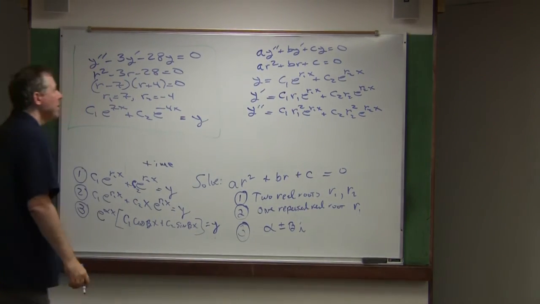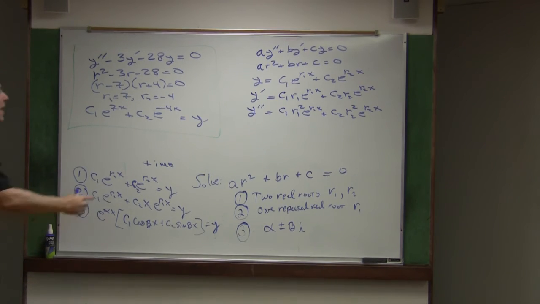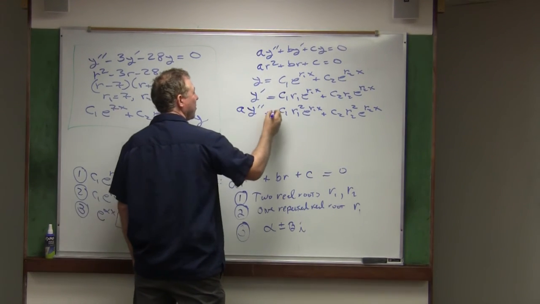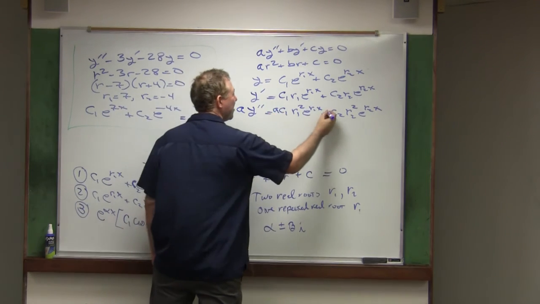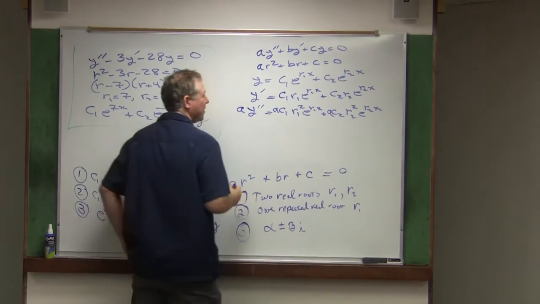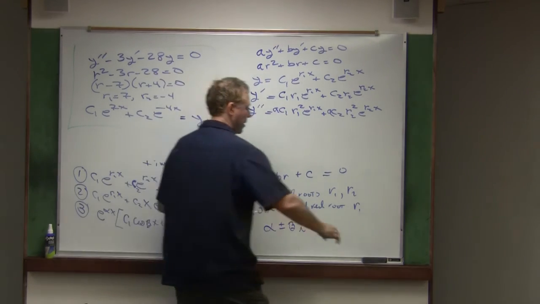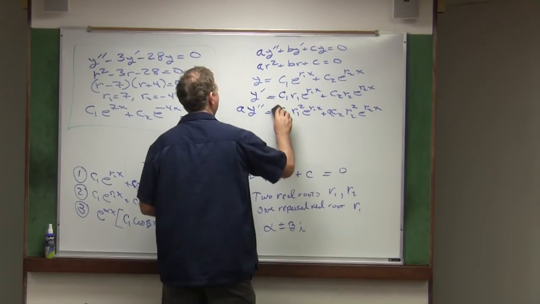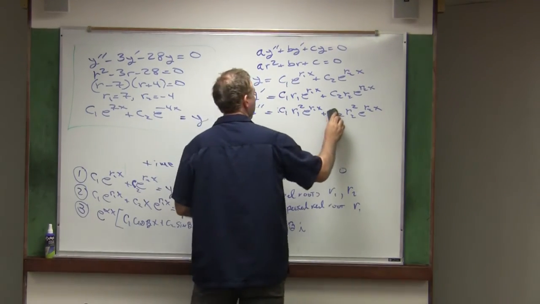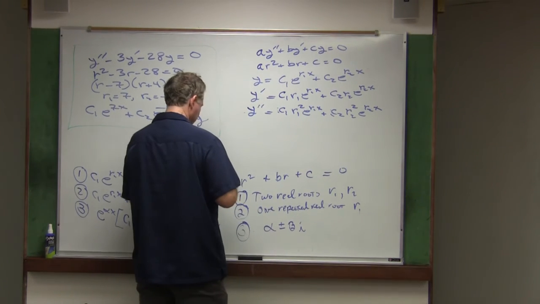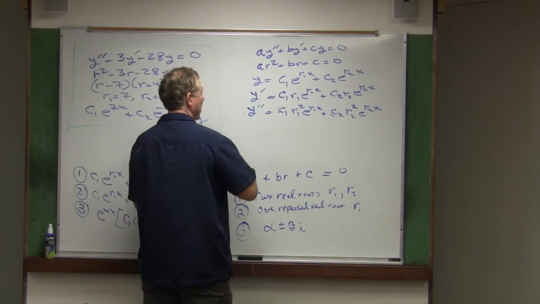Okay? Now let's multiply this by a. So a y double prime, I'm sticking an a here. Actually, I should do that in a different color probably. Let's insert the a here in green, so you can see it a little bit better.